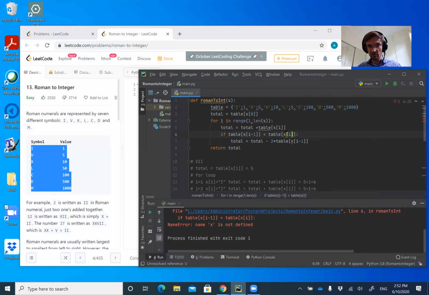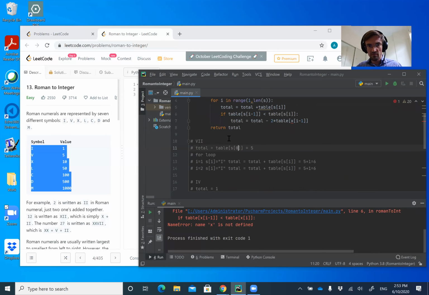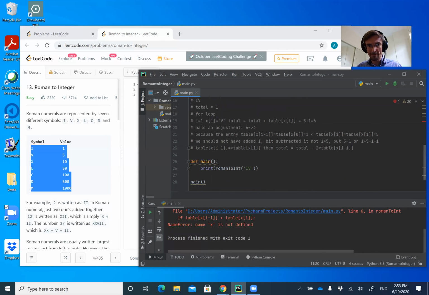Should have been an S. Everywhere should have been an S. Total table, it's a 0 here.